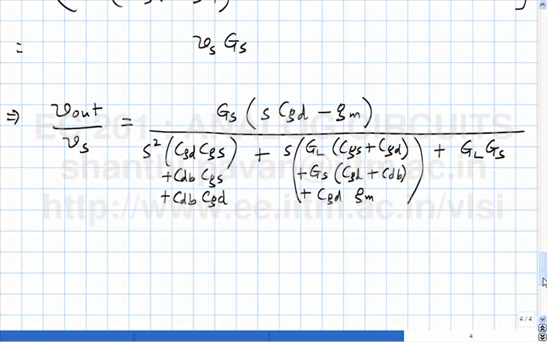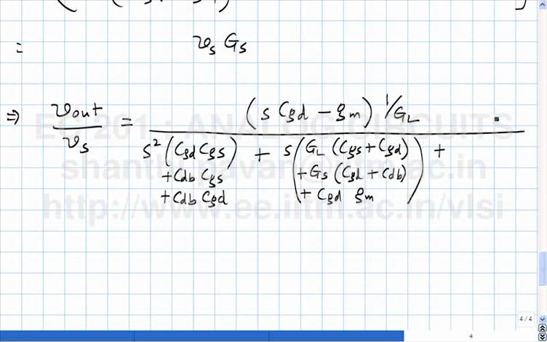Before we congratulate ourselves on a job well done, we figure out whether we have screwed up. First of all, the first thing to check is if everything is dimensionally consistent. The whole thing must be dimensionless. So one thing you can do is to divide throughout by GLGS, so that I will get 1 over GL.